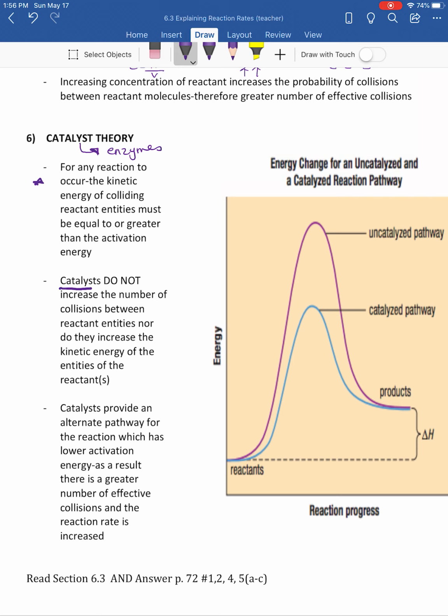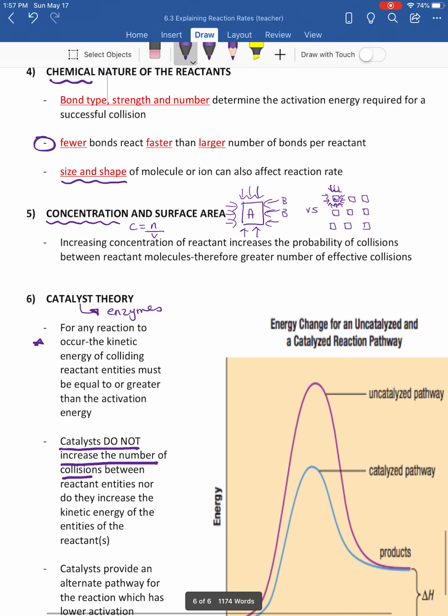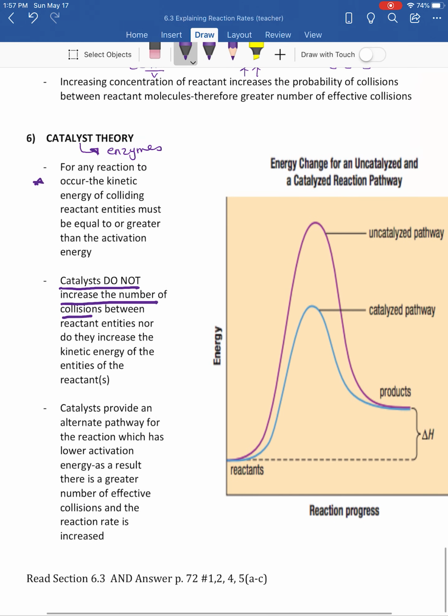Now, here's the thing. Catalysts do not increase the frequency of collisions, but what they do is increase the efficacy. So there are more effective collisions, all right?